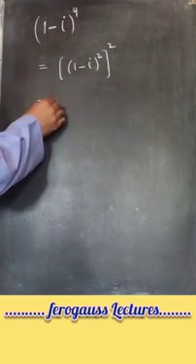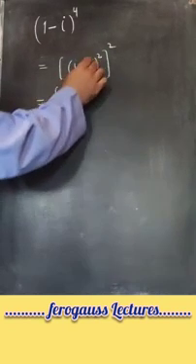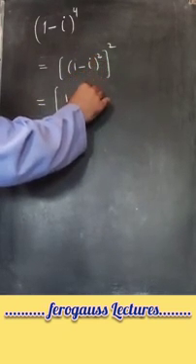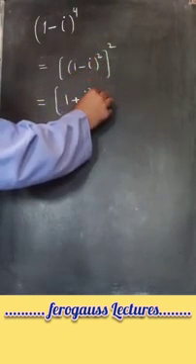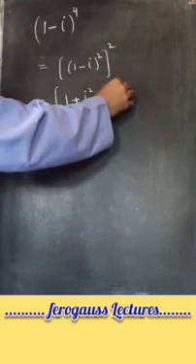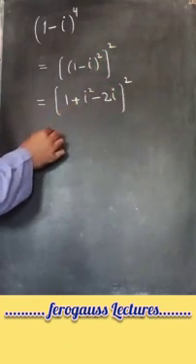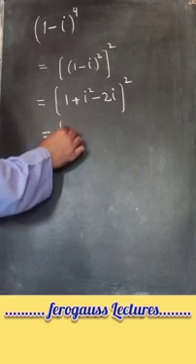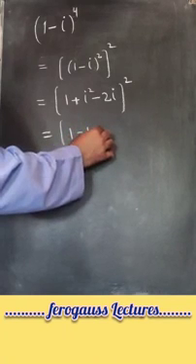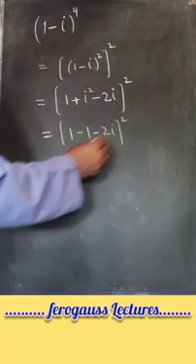That is further equal to, it is a minus b whole square, so that is equal to a square, that is 1 square is 1, plus b square, that is iota square, minus 2ab, that is minus 2 into 1 into iota, that is minus 2 iota, whole raised to power 2, which is further equal to 1, iota square is equal to minus 1, it is minus 2 iota, whole raised to power 2.